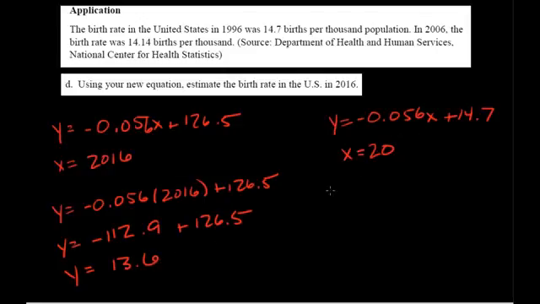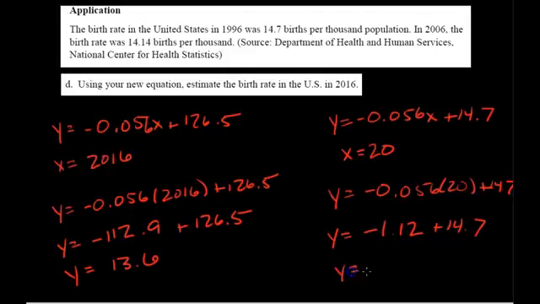Now, what if we use this equation and we plug in 20 for x? Let's see what we get. Y is equal to negative 0.056 times 20 plus 14.7. And negative 0.056 times 20 gives us negative 1.12.